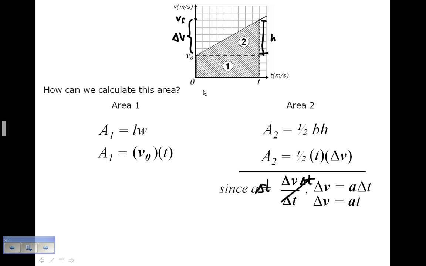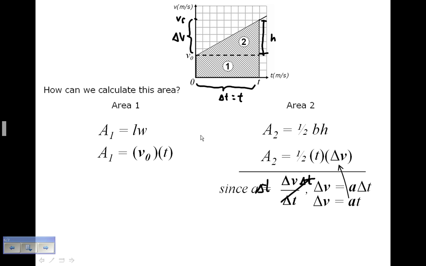And because for this particular graph, delta t starts at time 0 up to time t, the width of the graph here is simply t. So I can make a substitution.